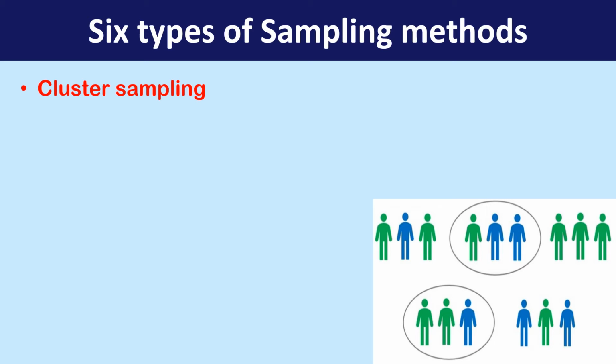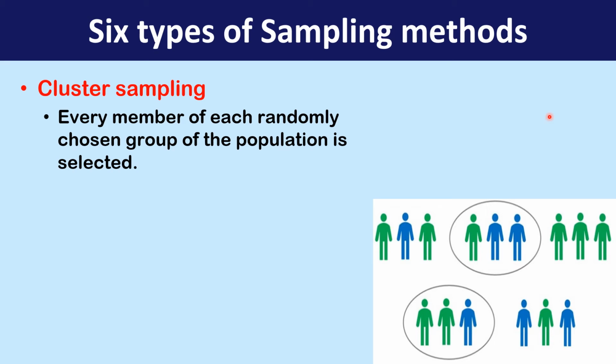Let's keep going. Cluster sample. As you may notice, we're picking a certain group. Like a randomized group, we have second and fourth, something like that. So cluster sample is we're picking a group. Every member of each randomly chosen group of the population is selected.